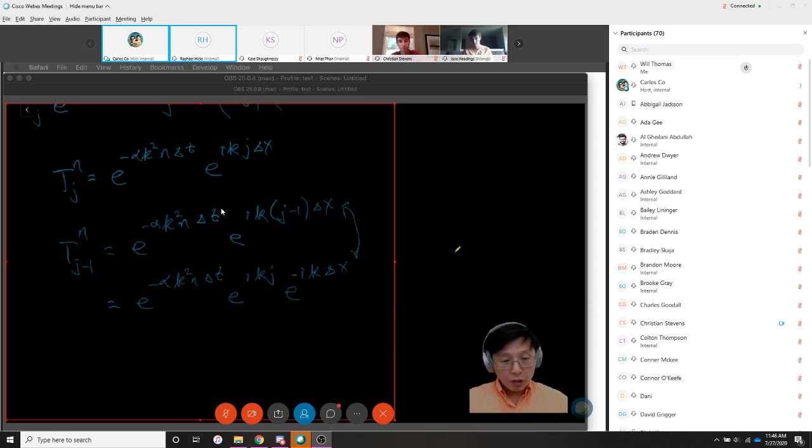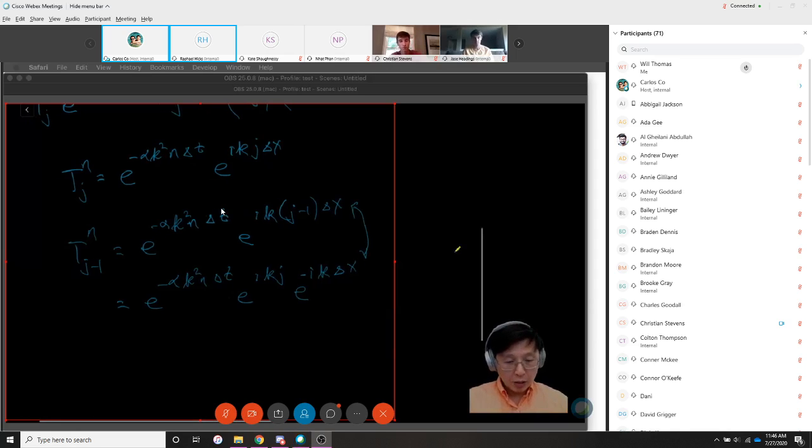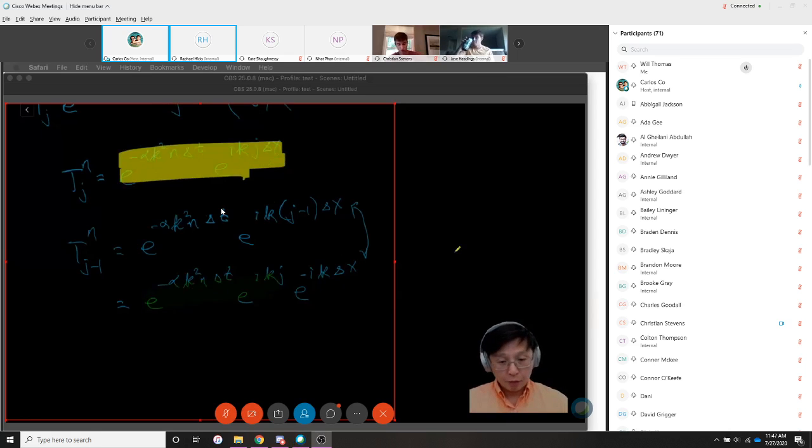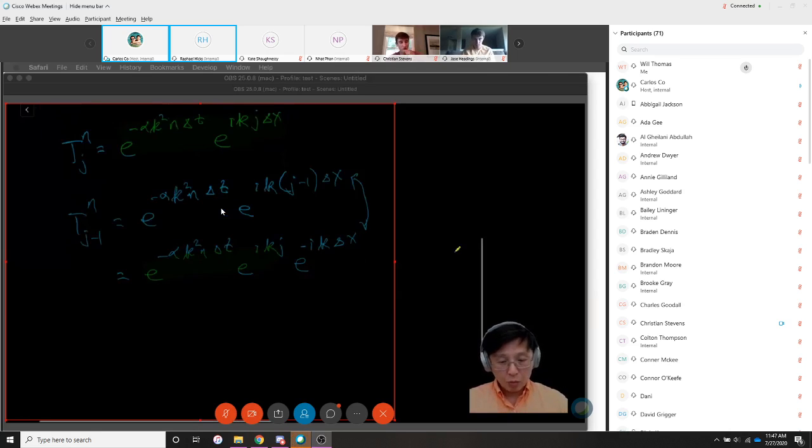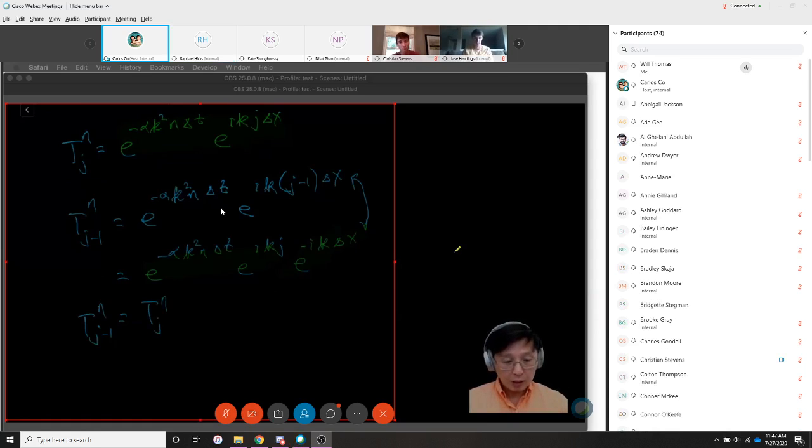At this juncture, you'll notice that this expression here is the same as that expression there. And so you can write this down as T j minus 1 at n is equal to T j at n multiplied by what you might think of as an offset, exponential minus I k delta x. You see that? It's exactly the same thing that you do when you have n plus 1. Yeah, a sum of powers is a multiplication of two terms with the same base.